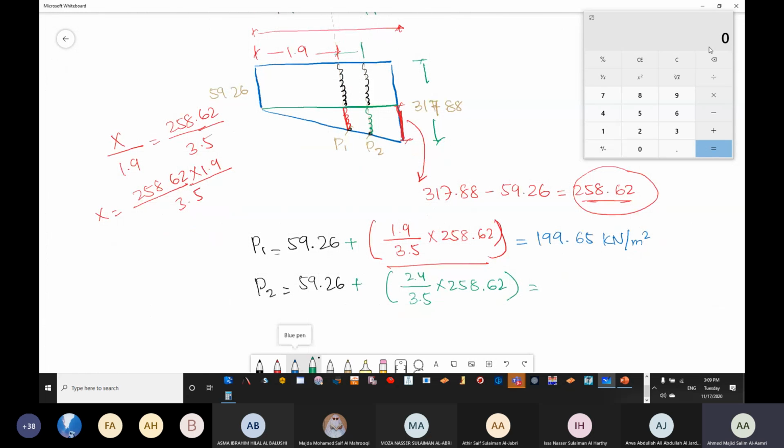You can take it from the other side, both are fine. But if you are taking it from the other side, you need to subtract it from 258 once again. So 236, let's say 0.6.